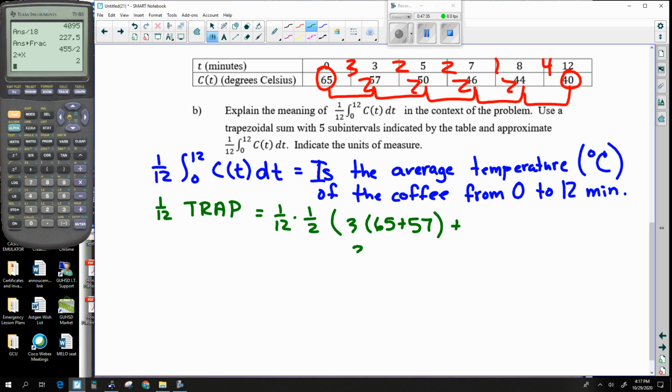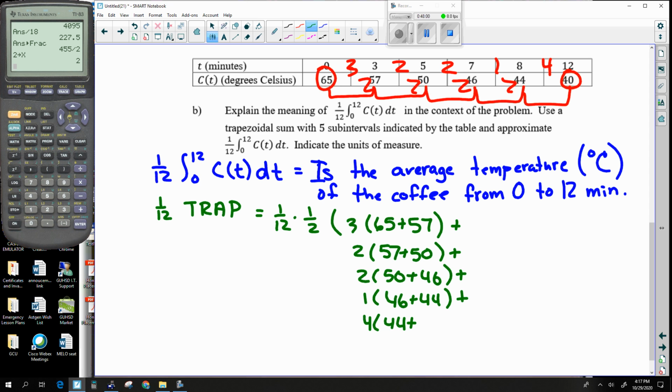Next one, 2 with 57 and 50. 2 with a 50 and a 46. 1 with a 46 and a 44. And a 4 with a 44 and a 40.